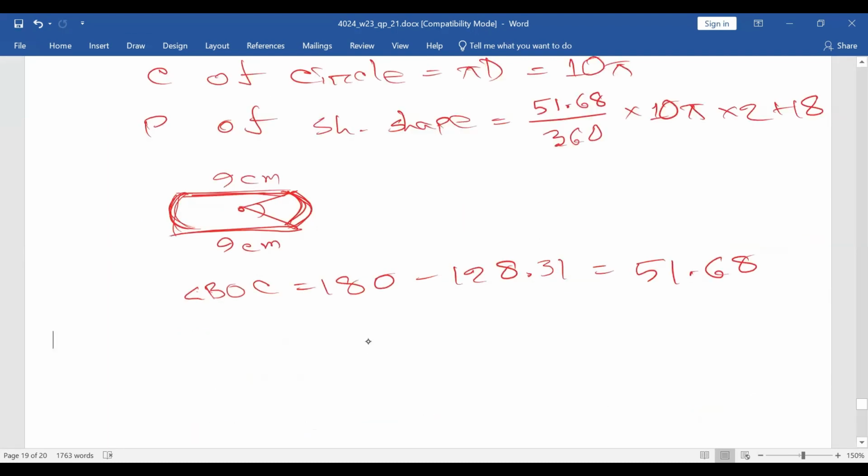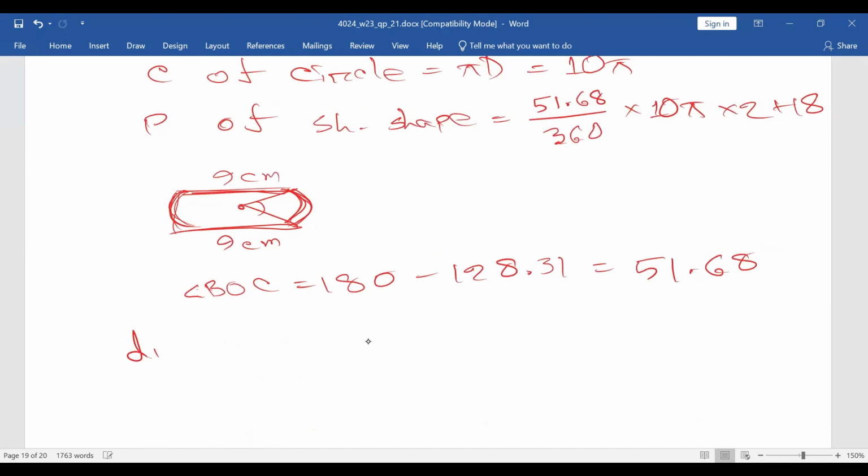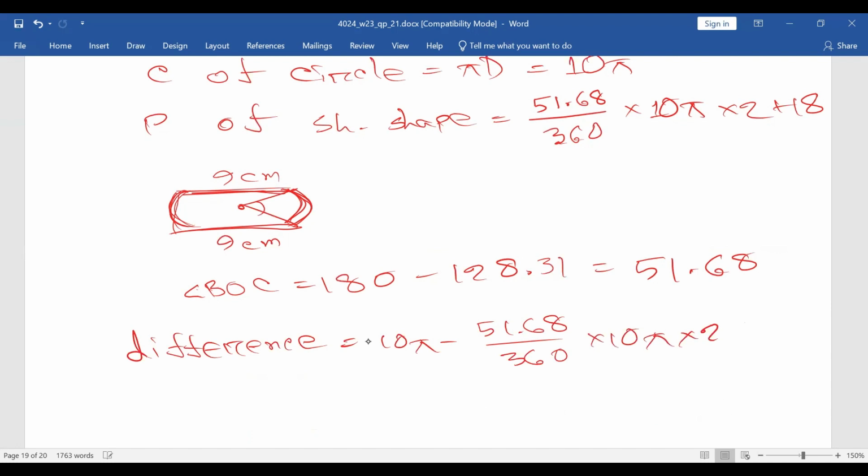Okay, so the difference will be 10 pi minus 51.68 by 360 into 10 pi times 2 plus 18. Okay, this is the shaded area's perimeter.